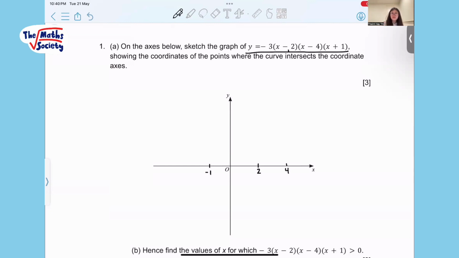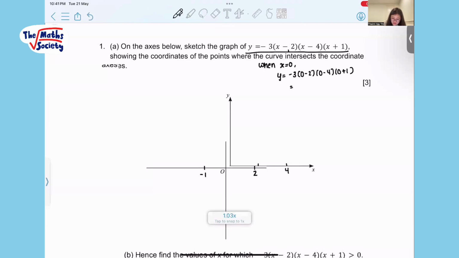And now we have to find the coordinates for the y-axis, where it's going to intersect at y. So we set x equal to 0 to find y. When x is equal to 0, y should be -3 times (0 minus 2), times (0 minus 4), times (0 plus 1), yeah?